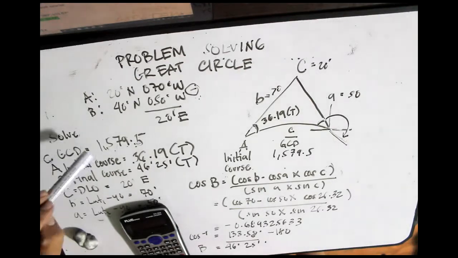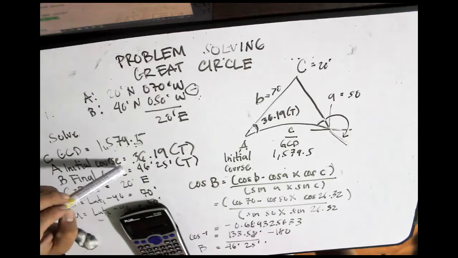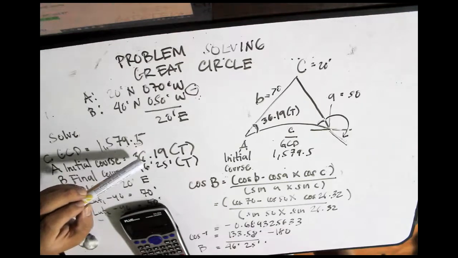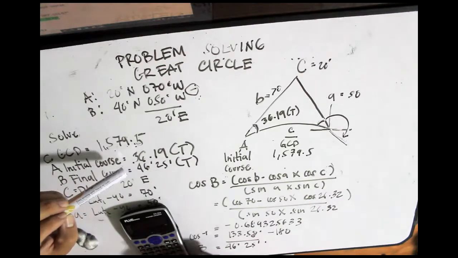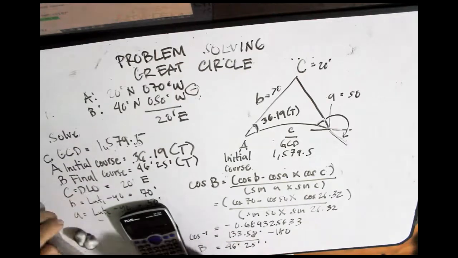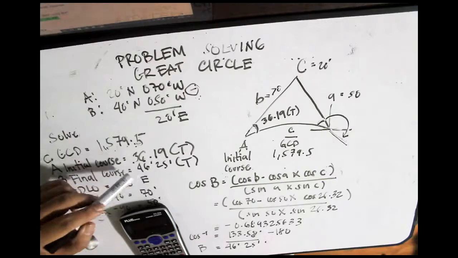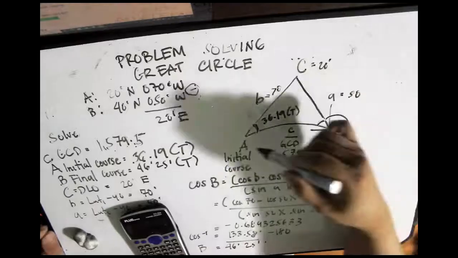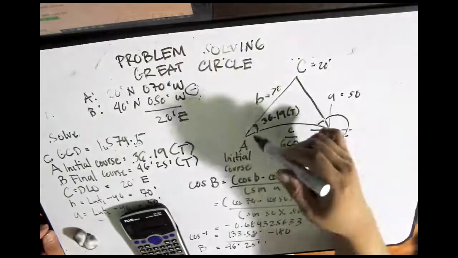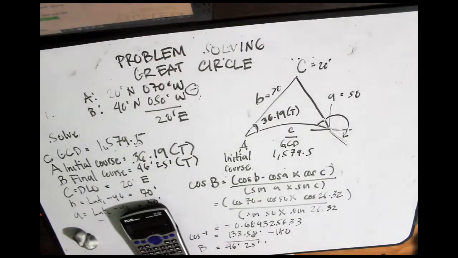Okay, meron tayong distance na 1,579.5 and we get the initial course 36.19, or we can convert that into full degrees, kung anong equivalent niya, or 36 degrees 11 minutes, and final course is 46 degrees 25 minutes. So as long as you know the labeling, okay, ng ating spherical triangle ay hindi tayo malilito sa paglalagay ng ating mga values. Okay, so yun yung isang technique dyan.